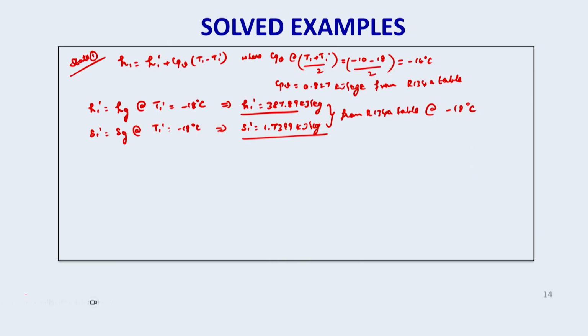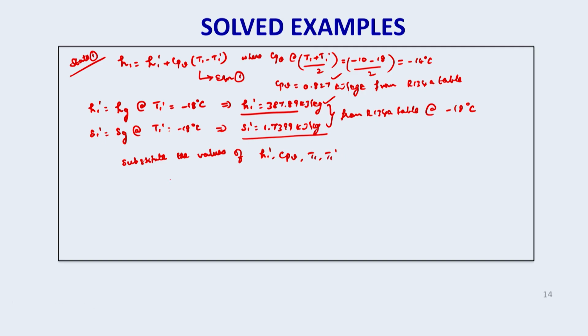Now let us calculate. Let this be equation number 1. Substitute the values of H1 dash, which you have found from the table, and the Cp of vapor value. T1 and T1 dash are given in the problem.